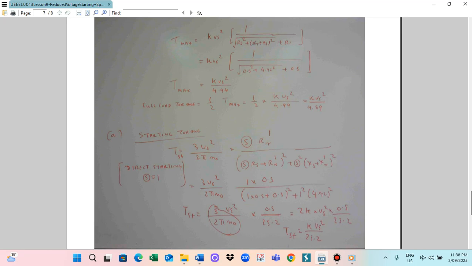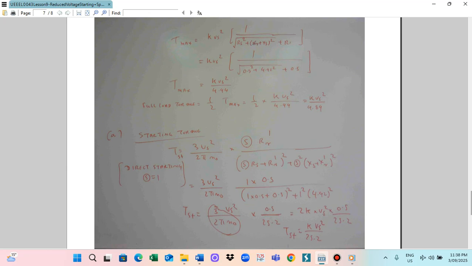Starting torque equation is T is equal to 3Vs squared divided by 2 pi n0, multiplied with s multiplied by Rr dash, where Rr dash is the rotor resistance, divided by (s multiplied by Rs plus Rr dash) squared plus s squared into (Xs plus Xr dash) squared.